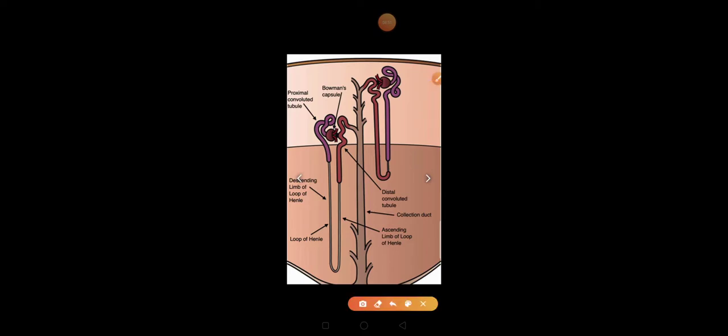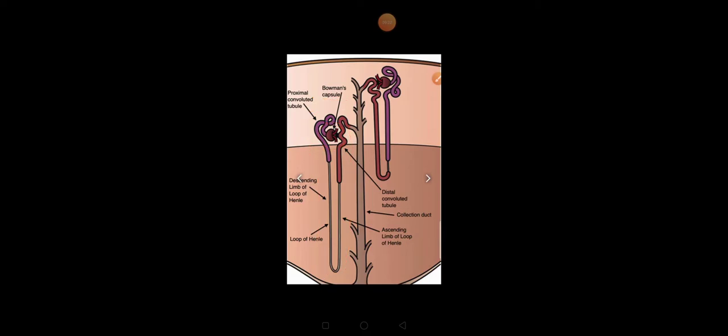So your nephron will have a bulb-like structure which is called Bowman's capsule. From here, a long tube will be running and moving out. And this tube is composed of three things.